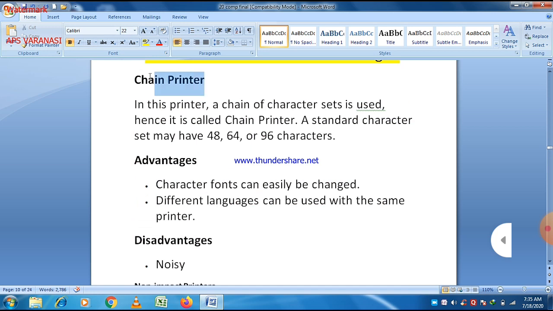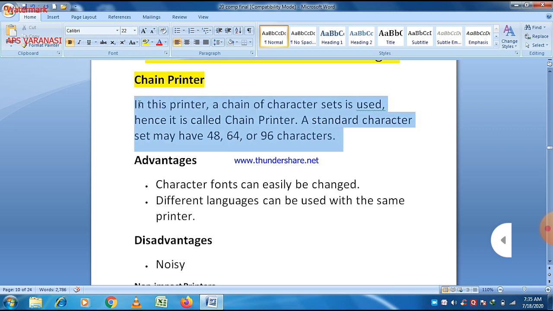In the chain printer, a chain of character sets is used. That's why they are called the chain printer. And a standard character set may have 48, 64 or 96 characters.